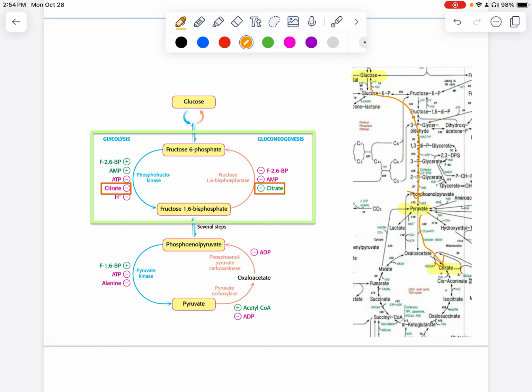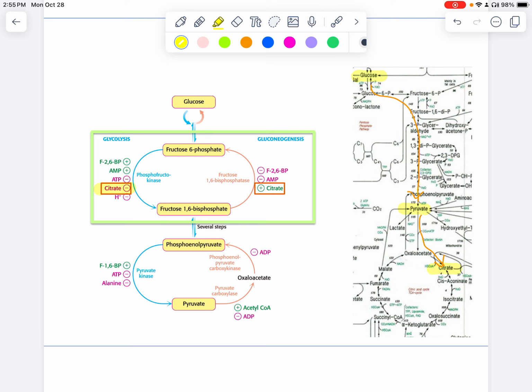Because we've already taken that pyruvate and started making the citrate. So when citrate gets high, it's an indication that, hey, we don't need to keep making this stuff. We don't need to keep moving towards pyruvate.